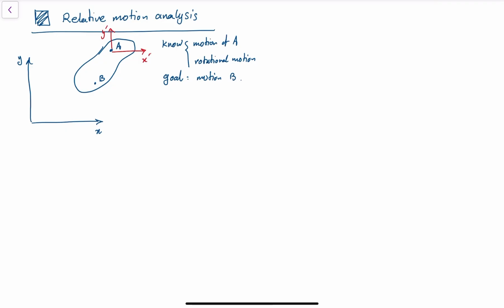If I want to translate these known to mathematics, knowing motion of A means I know R of A and possibly all its derivatives, velocity and acceleration. And my goal is to find R of B and all its derivatives.